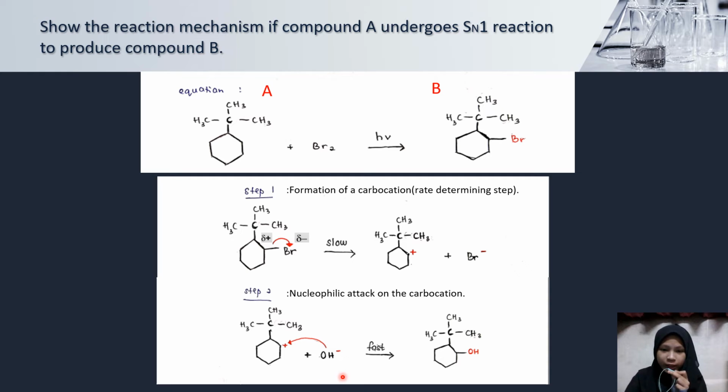So the OH minus will be attached to the carbocation to produce 2-tert-butyl cyclohexanol. The nucleophile here, which is the OH minus, will attack the carbocation because OH minus is rich with electrons. And we can see here the rate of reaction is fast for step 2.